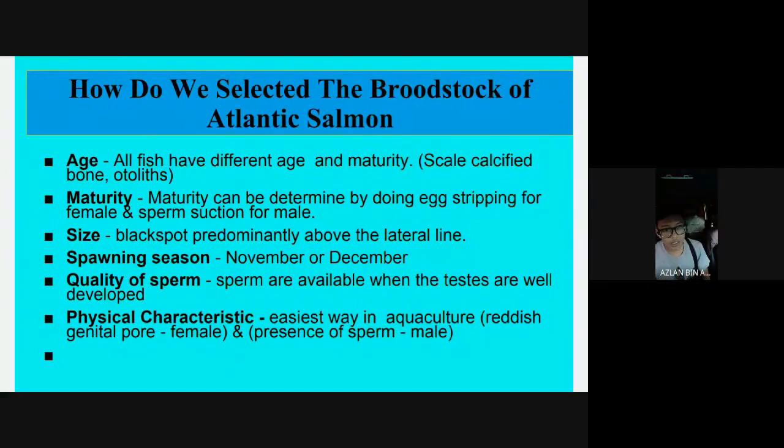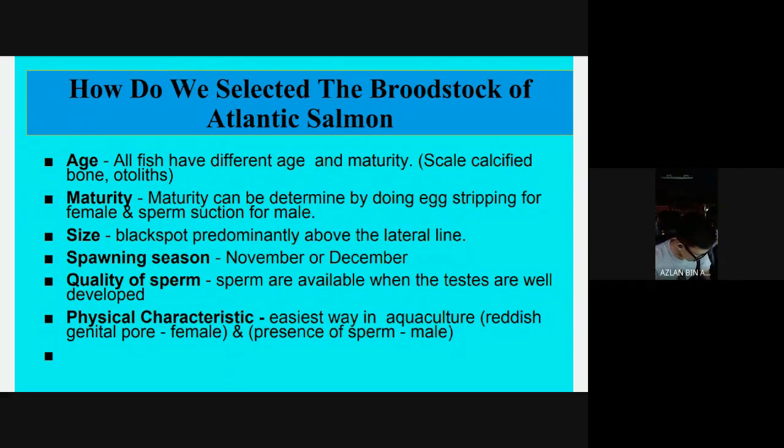Each fish has a different type of maturity. As for Atlantic salmon, by doing stripping for female, we can see the color of the egg, and by doing the suction of sperm for male, we can determine the maturity of the fish.